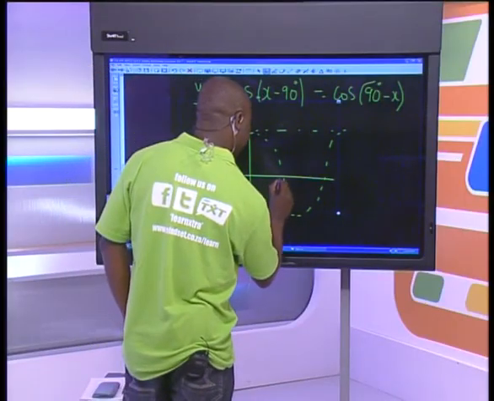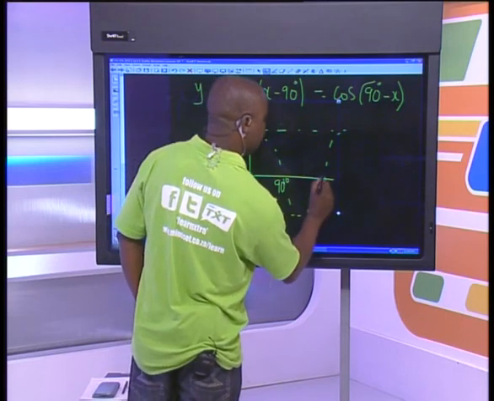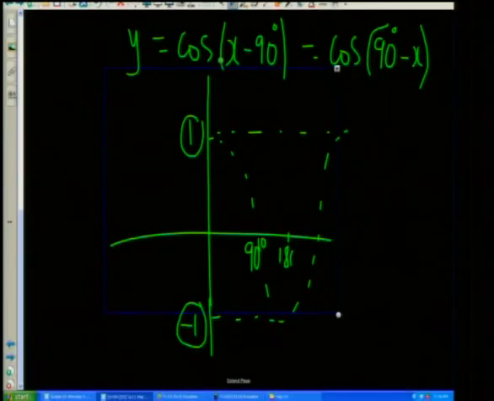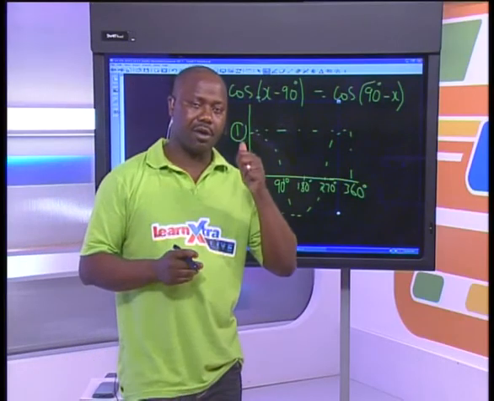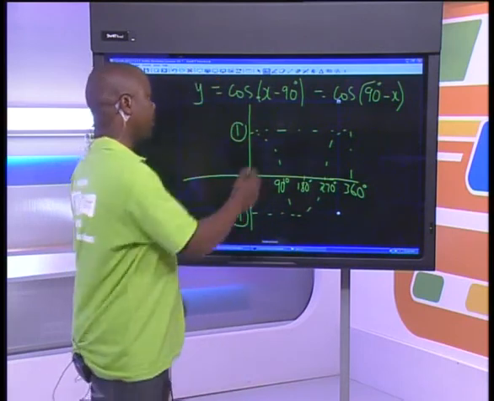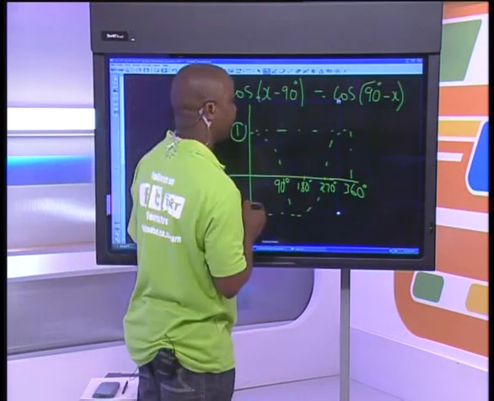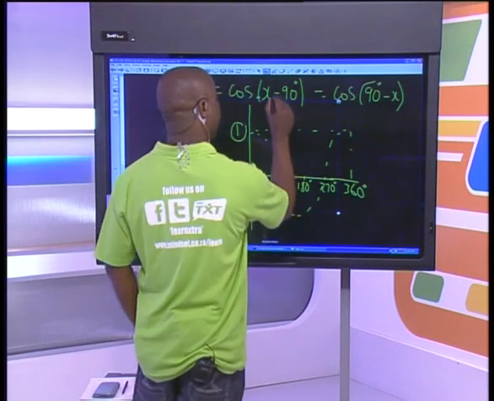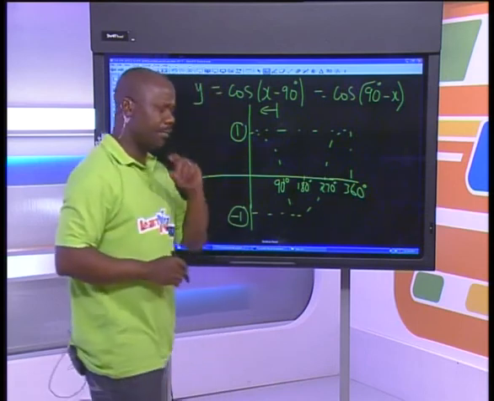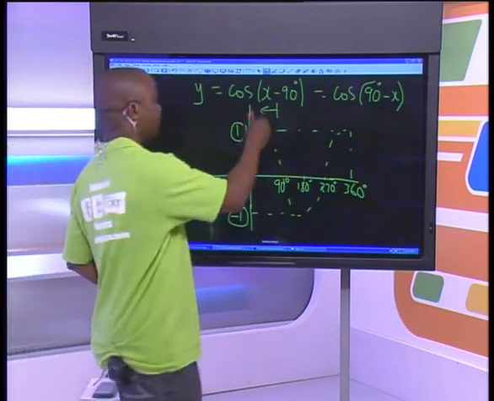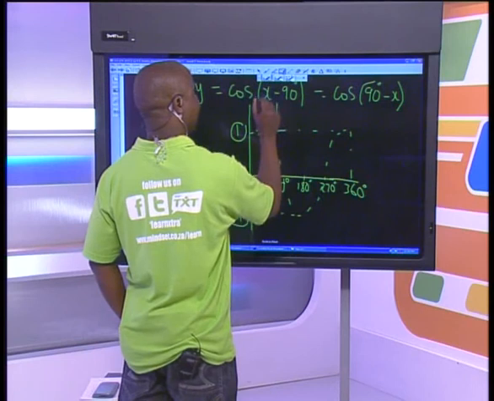So we had a 90 degrees here and a 180 there, 270, and finally it was a 360 degrees. Now we're going to take this graph and shift it horizontally. Now, what you're going to notice is, although it says x minus 90 here, we take this as a movement in there. Excuse me, let's get a rubber.